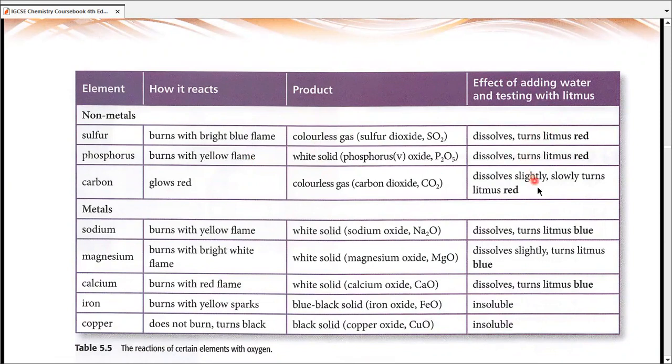They have divided this huge table into two parts, non-metals and metals. This table seems easy, and I'm not saying it's difficult, but the table only consists of information in the form of words.